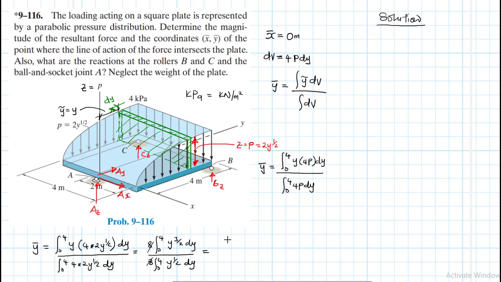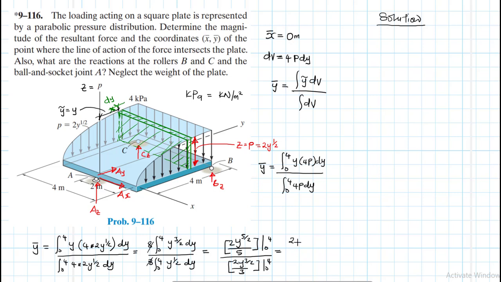If we integrate that, we'll have y to the power 5 over 2, times 2 divided by 5, evaluated from 0 to 4, divided by y to the power 3 over 2, times 2 divided by 3, evaluated from 0 to 4.